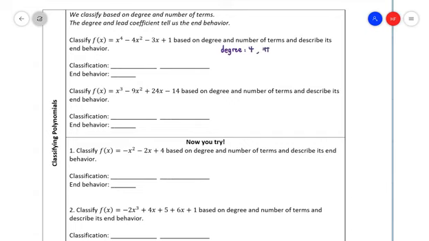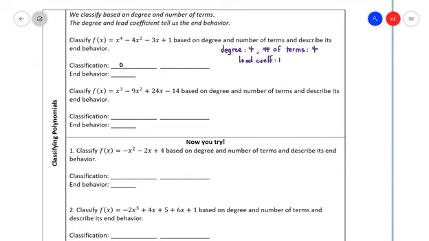Number of terms is 4, since none of those can combine. And my lead coefficient is 1. So for my classification, I'm just looking at the degree and number of terms.